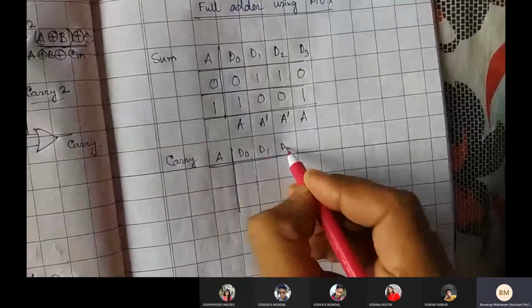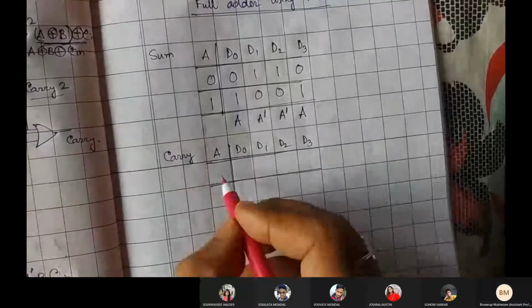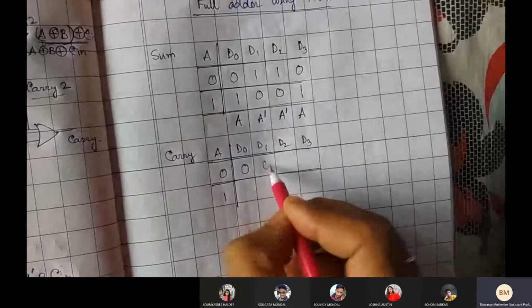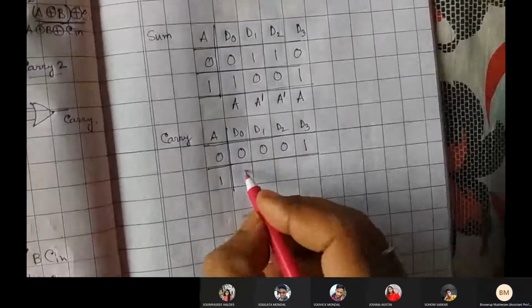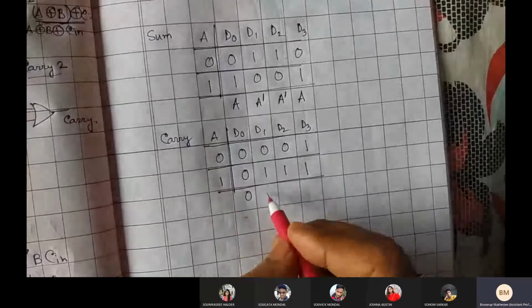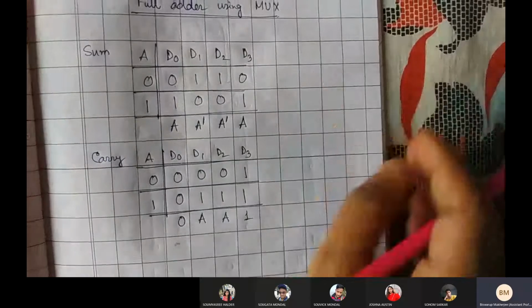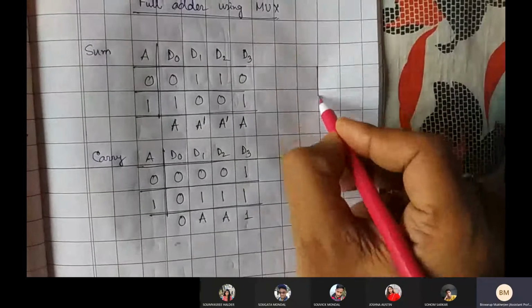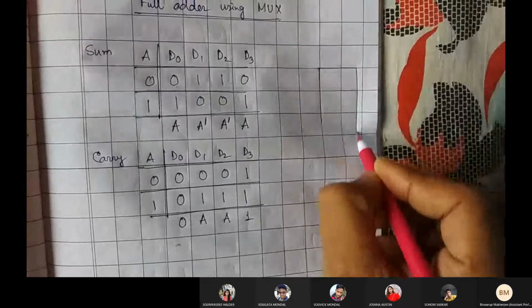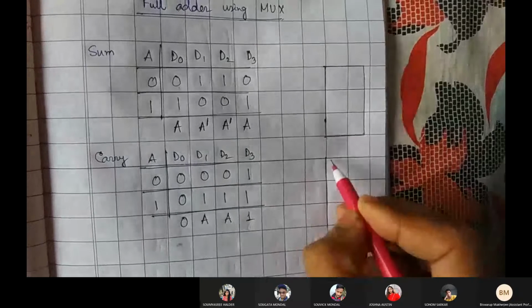D0, D1, D2, D3. For 0, 1, it is 0, 0, 1 followed by 0, 1, 1, right? So we can write this one as 0, this one as A, this one as A, this one as 1. Now how can we make this? Simple. I will require two multiplexers: multiplexer 1 and multiplexer 2.